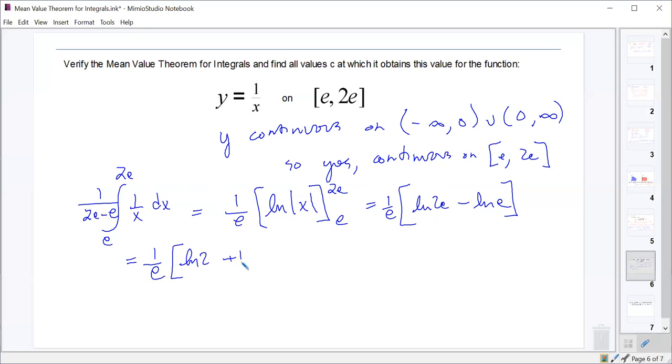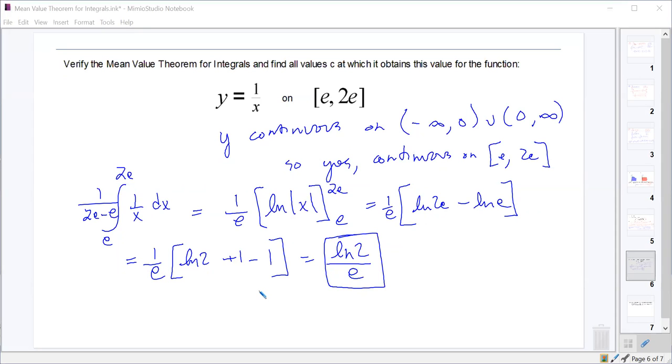And the natural log of e is 1. So we just end up with the natural log of 2 over e. So between e and 2e, the average value of this function is natural log of 2 over e. Everyone feel okay about that?